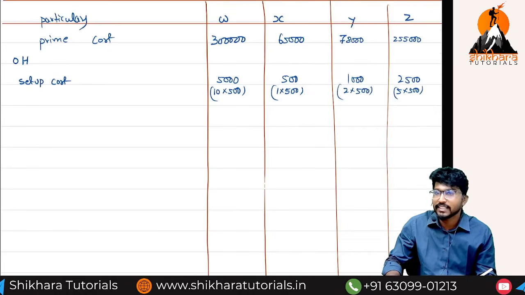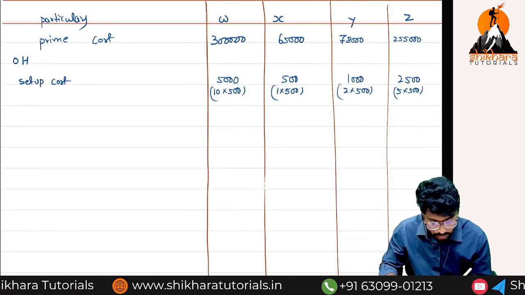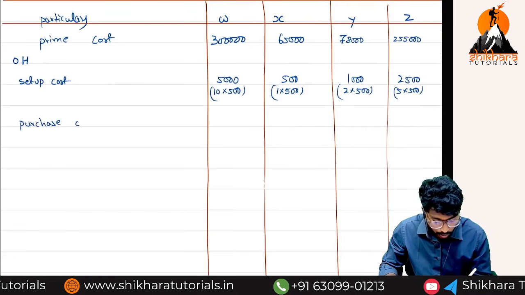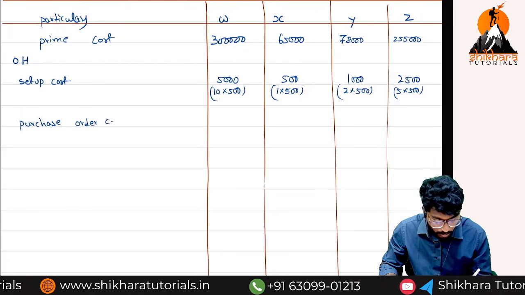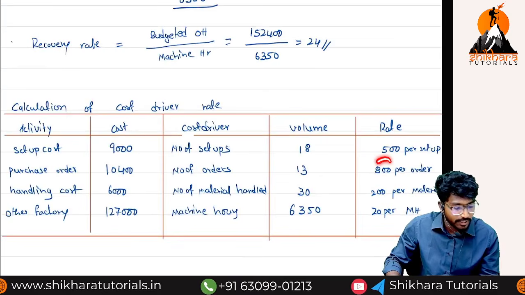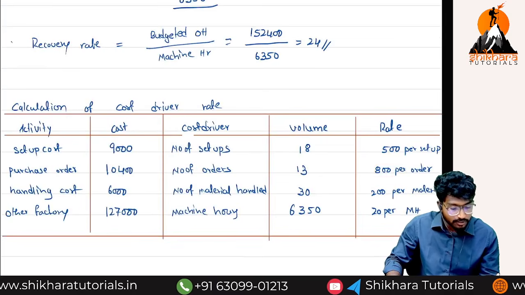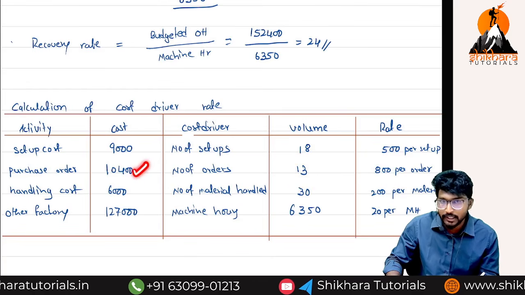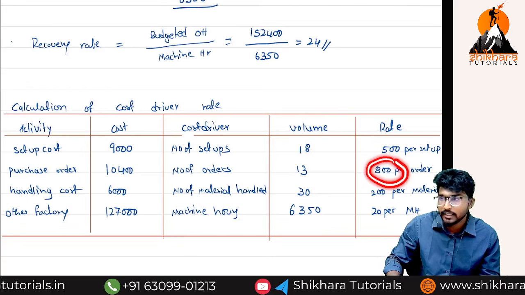Next, what is the next cost? Purchase order cost. For purchase orders, how much is it? 800. For 13 purchase orders we incur 10,400. That means per purchase order it is 800.